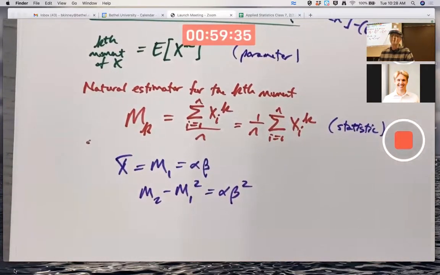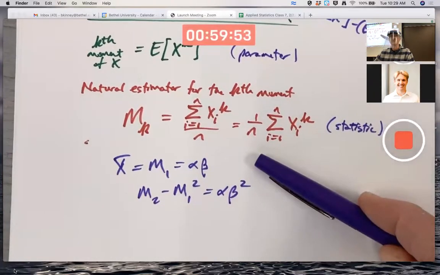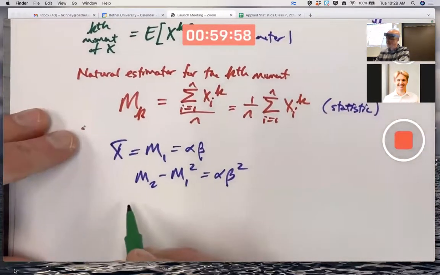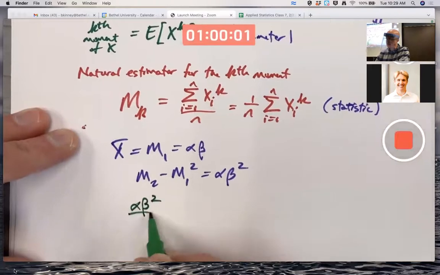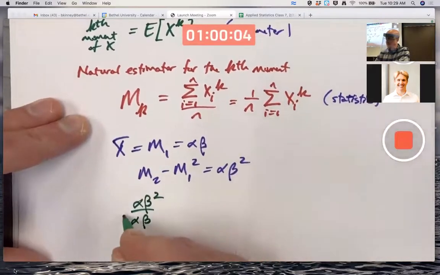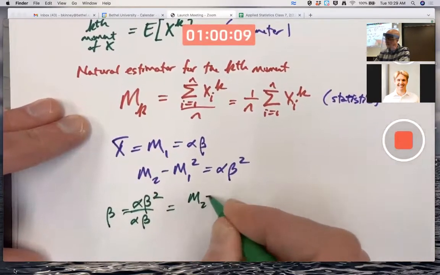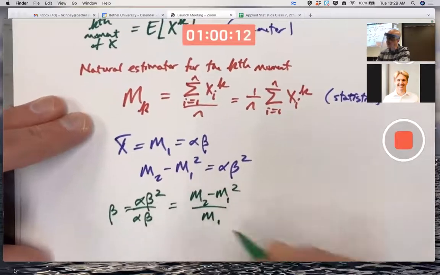So solve this system of equations now for alpha and beta. It's a nonlinear system. In general, that could be difficult to solve. In this case, it's not too hard. For example, I could solve for beta pretty easily by taking the second equation and dividing by the first equation, because the alphas would cancel and one of the betas would cancel. I could say alpha beta squared divided by alpha beta, which simplifies to just beta, equals M2 minus M1 squared divided by M1.